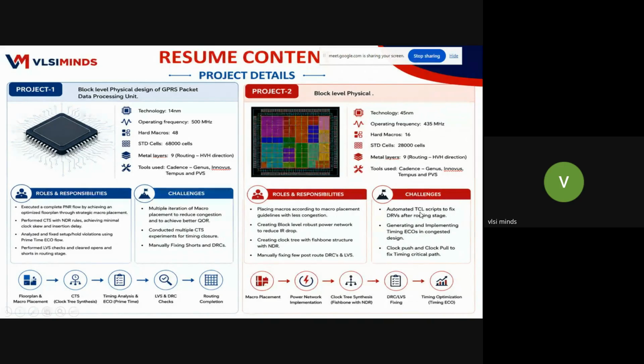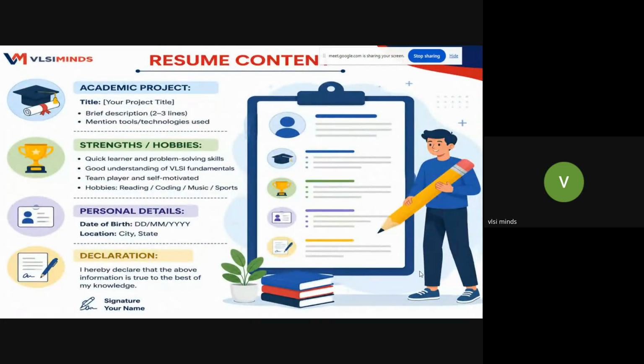So if this type of thing is mentioned in the challenges, that shows that you are different. That shows you have done something different, and there can be multiple questions on this. So don't mention it simply, but if you are good in Tcl and other things, you can mention that. So this is your main resume content.